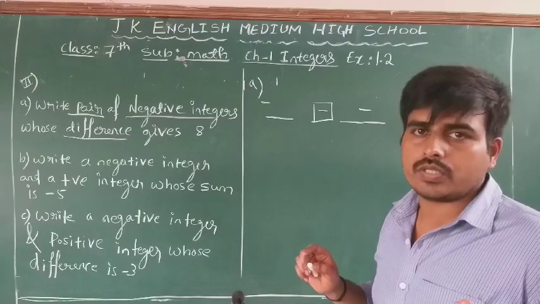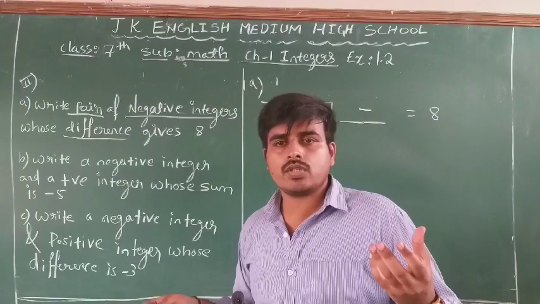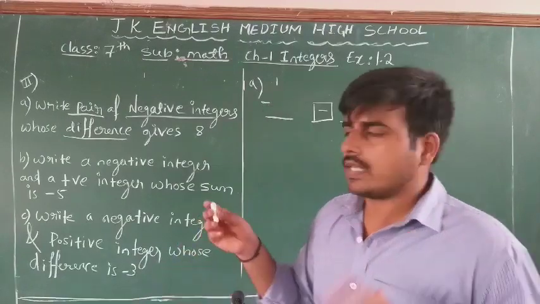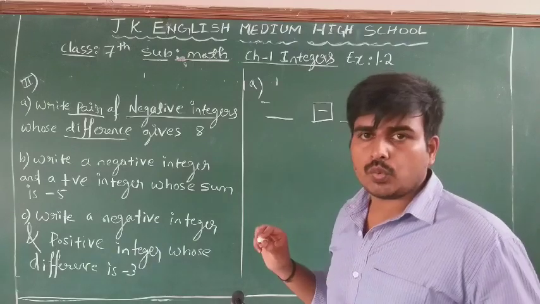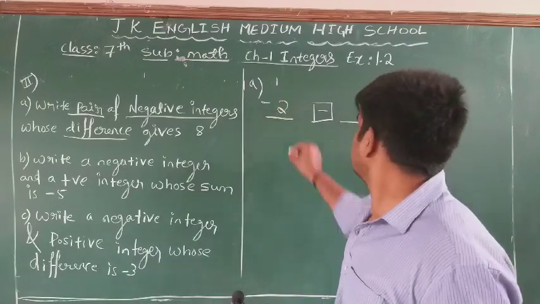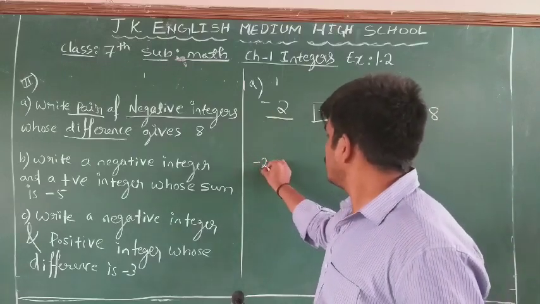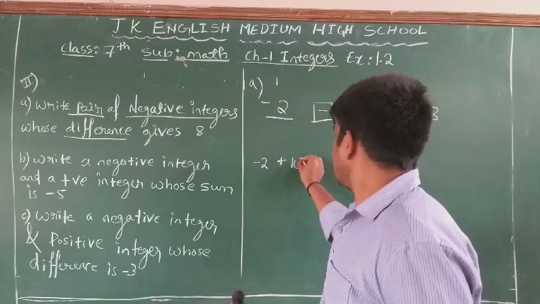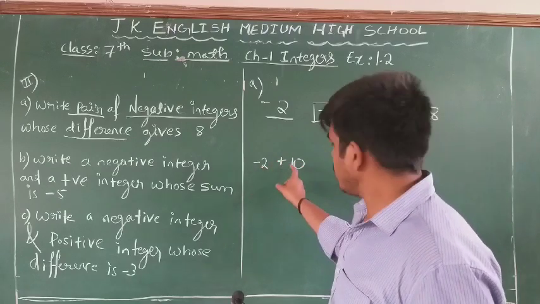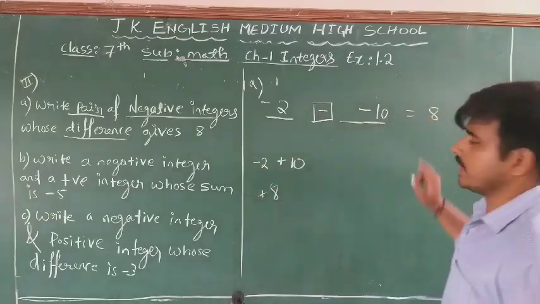There are many ways you can get 8, but 10 minus 2 is a better option. So 10 is larger, I will put 10 here, and 2 here. Try now, just in rough. Minus 2, minus into minus plus, 10 comes outside, minus 2 plus 10, subtraction, 10 minus 2 will give you 8, plus 8.